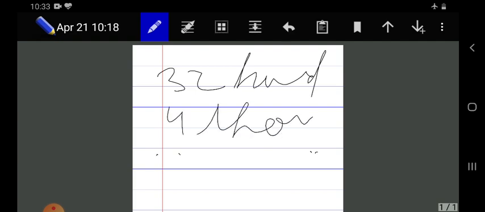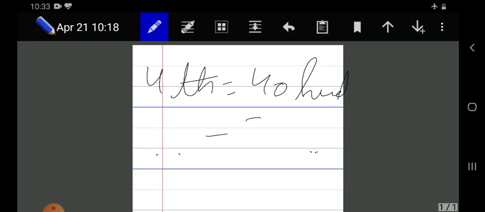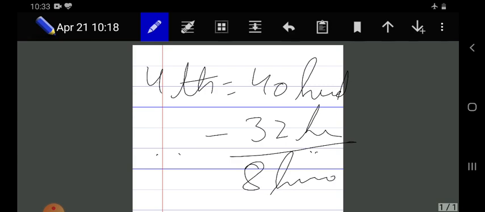First of all, we have changed the 4000 to hundreds, that is 40 hundreds. Now we will subtract 3200 from this. The answer will be 800.